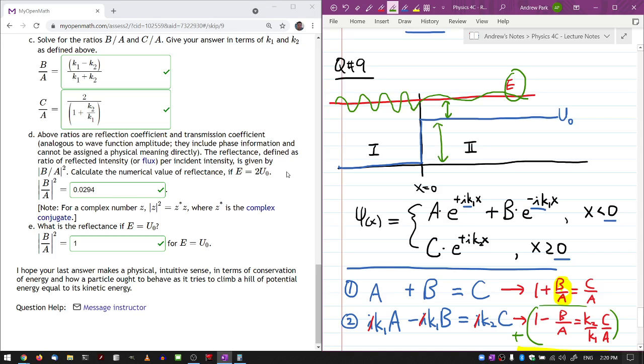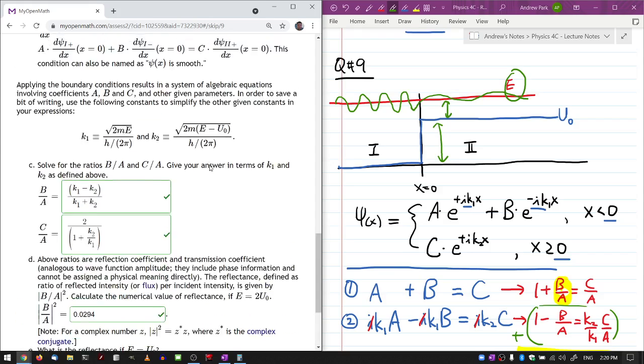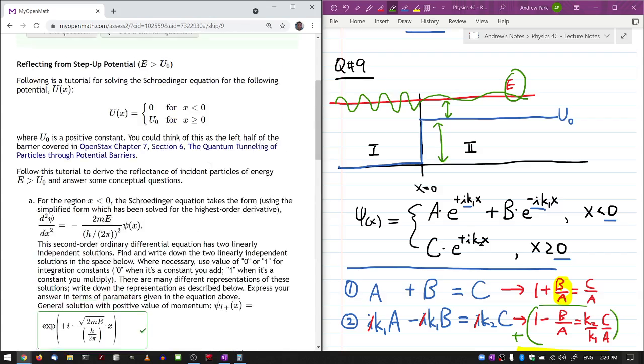So the less effect you get, the less reflection you get. But in the limit where this energy is barely above the potential energy, this wavelength suddenly goes from something finite to something infinitely long. So it's like hitting an immovable brick wall. It bounces all back.